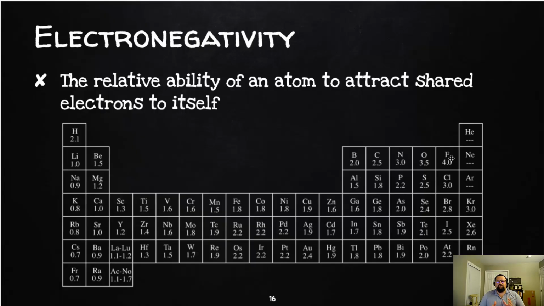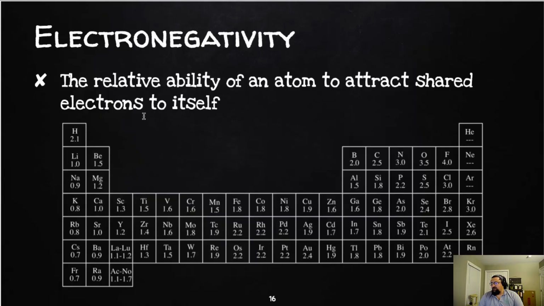And specifically when we're talking about shared, so if two elements are sharing electrons, it'll pull more towards one or the other based on this electronegativity, the ability to attract electrons to yourself. Think of that like your electron magnet. The higher this number, the more you pull in those electrons with your magnet.